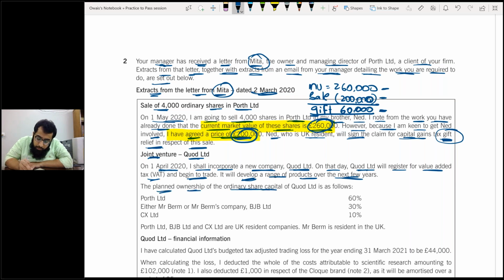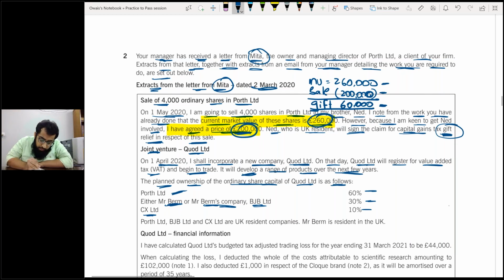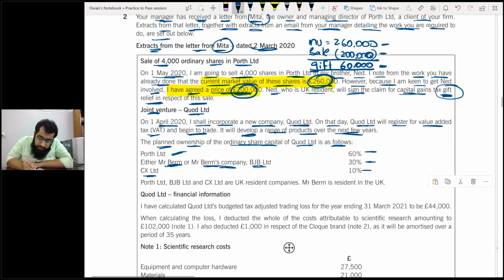The planned ownership of the ordinary share capital of Cord Limited is as follows. Port Limited will own 60%. Mr. Beam or Mr. Beam's company BJB Limited will own 30%, and CX Limited will own 10%. Port Limited, BJB Limited and CX Limited are UK resident companies. Mr. Bean is resident in the UK.